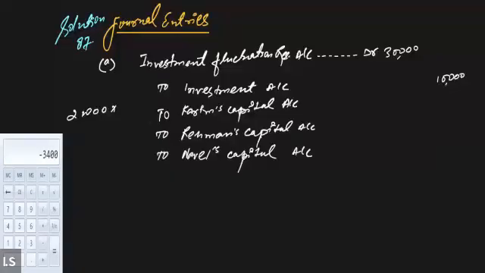The old PSR is 5:3:2, so that means 5/10, 3/10 and 2/10.